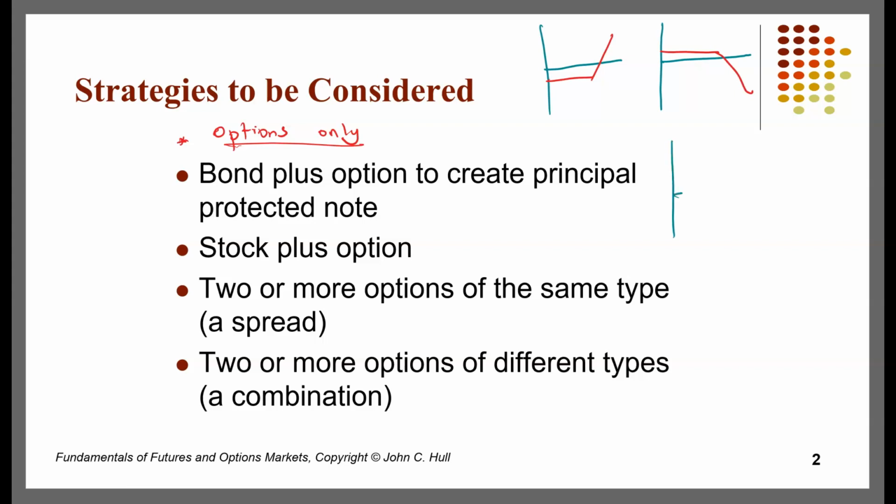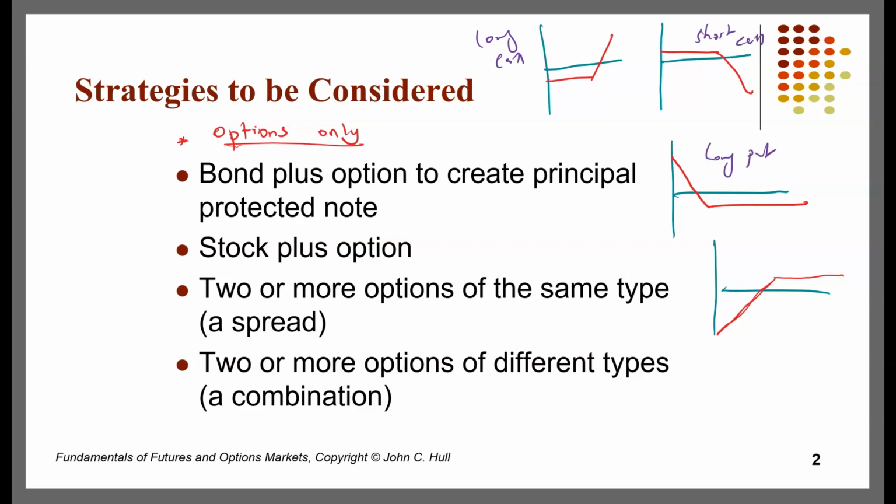The long put option contract gave us a profile that looked like this. And then we had the short put, which is the opposite of the long put, and it looked something like this. Now my drawing is not clear, but we know what these shapes look like and what they refer to. So this is our long call, this is our short call, this is our long put, and this is our short put.